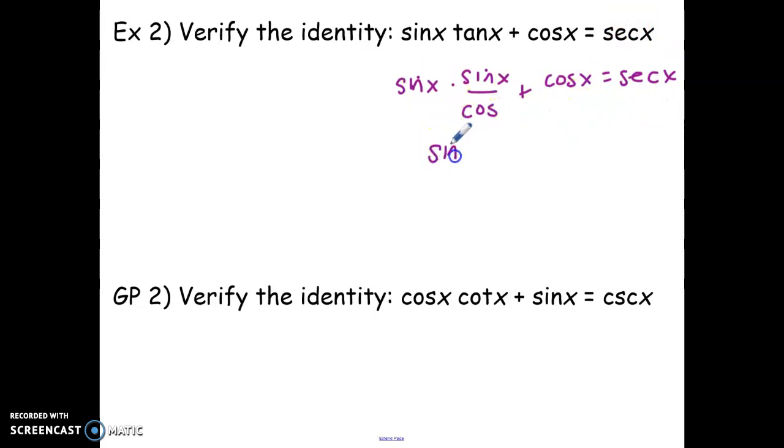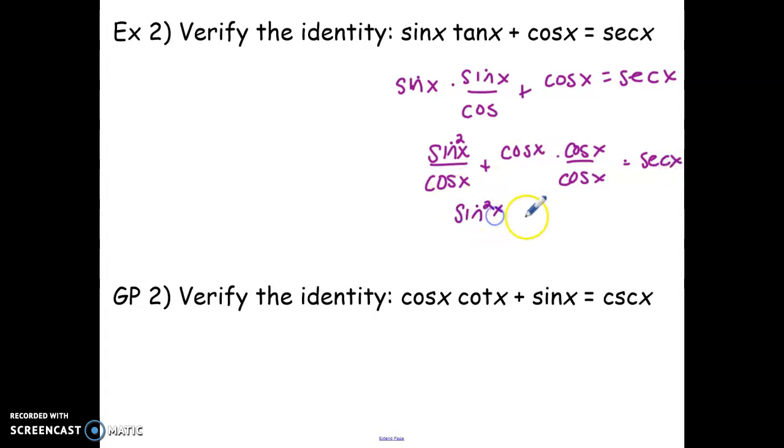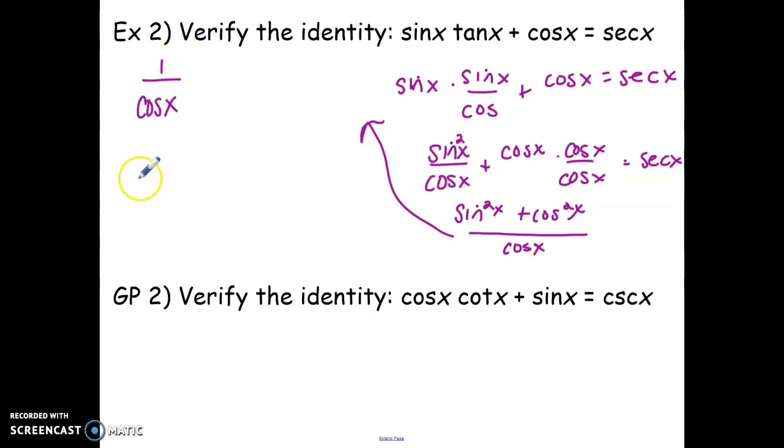If I simplify, I get sine squared of x over cosine of x plus cosine of x, and I'm going to multiply by a fraction to get common denominators. So I now have sine squared of x plus cosine squared of x over cosine of x. And remember, I'm actually going to go backwards. Sine squared of x plus cosine squared of x is 1. So 1 over cosine of x is secant of x.